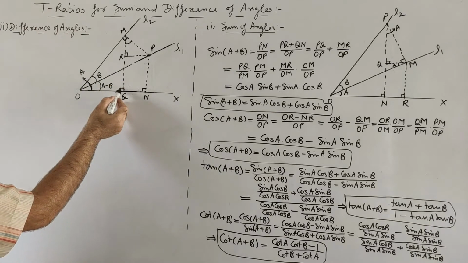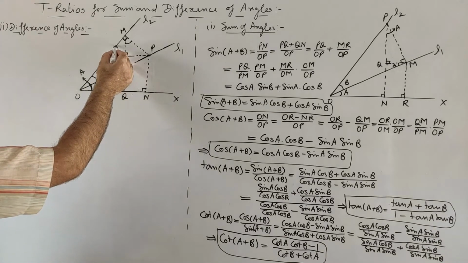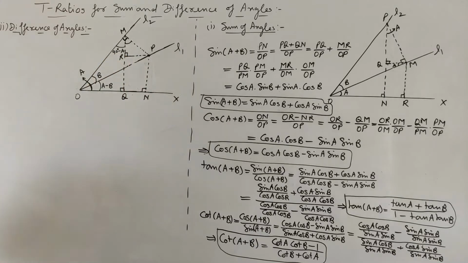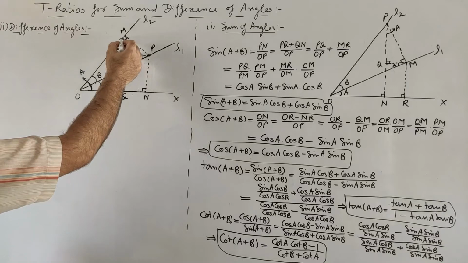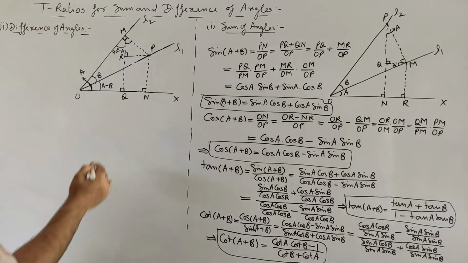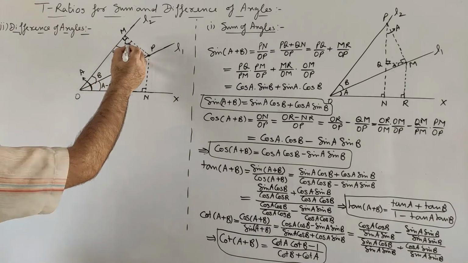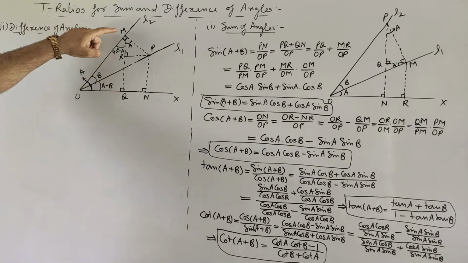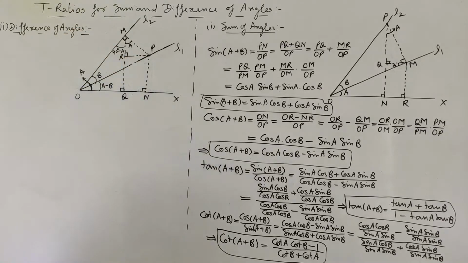This angle is M, this is 90 degree, so this angle will be 90 degree minus A, and this whole is 90 degree, so this angle will be A. So T ratios for angle A can be determined either from triangle OMQ or from triangle MRP.